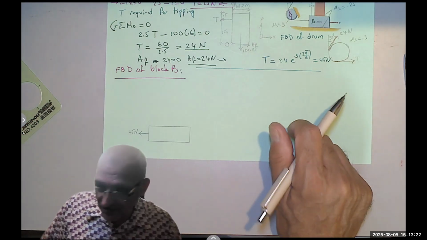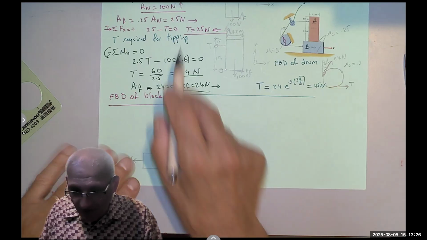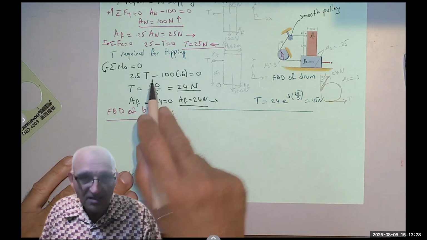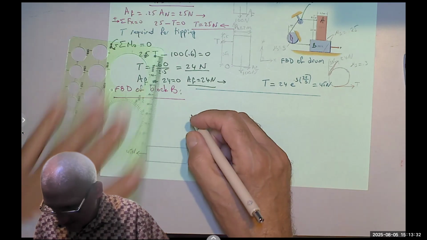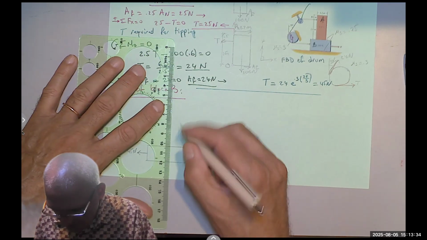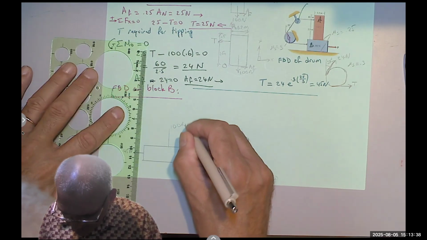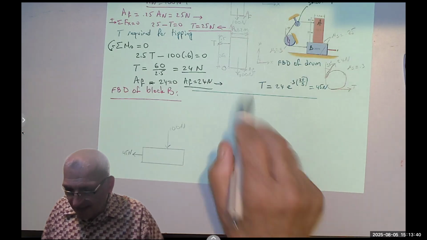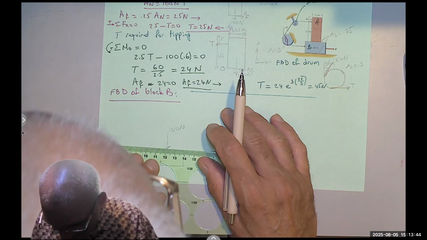Now, be careful here. I'm going to take the 100 Newton, which didn't change here. I don't care about it. And I invert it down. So here there is 100 Newton. And A sub F was 24 to the right, so I have 24 to the left.